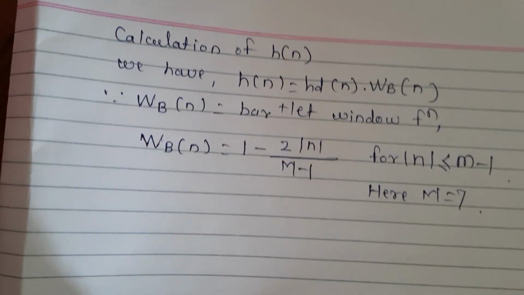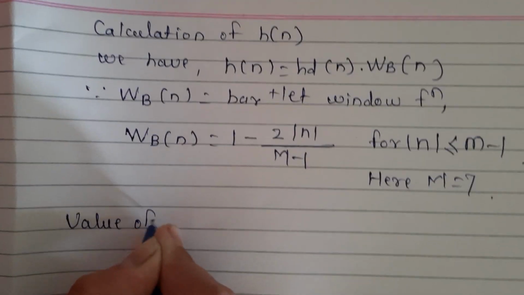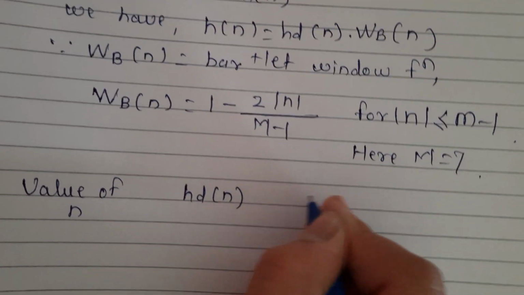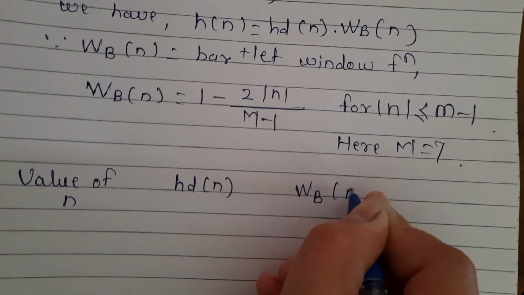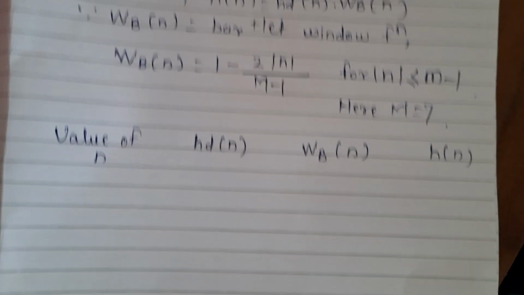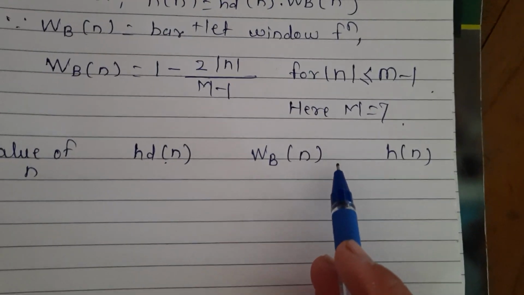So next is a table for the calculation of h of n. It has the value of n, next hd of n, wb of n, and next h of n. So we have the equations for hd of n, wb of n, and h of n is the multiplication of these two.